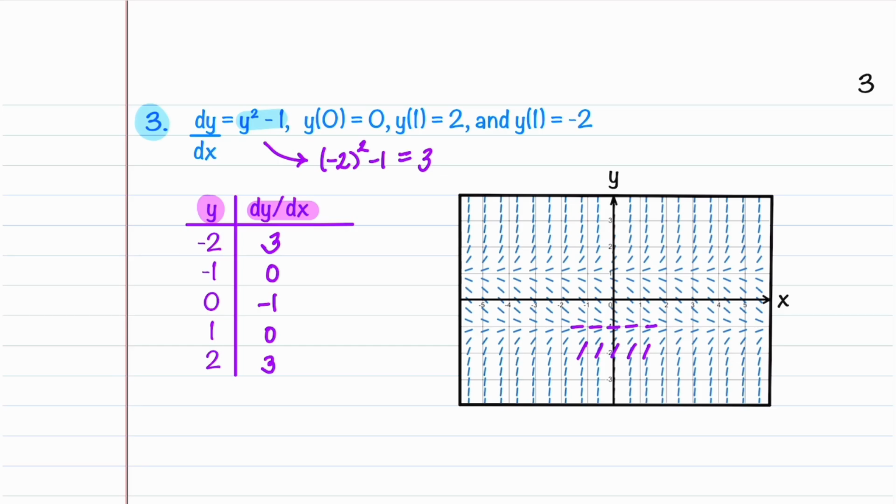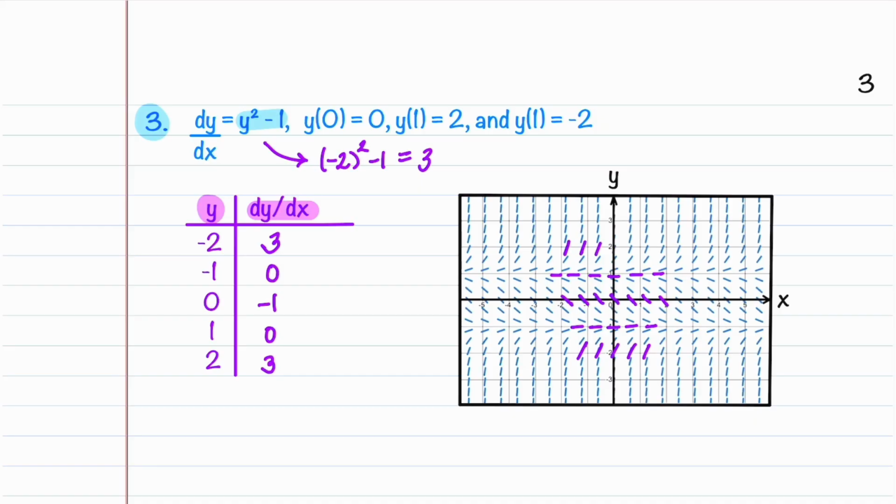When y is 0, our slope is -1. That line's going to look just like this. When y is 1, we again have horizontal lines. And then when y is 2, our slope is 3, so it's going to be steeper.